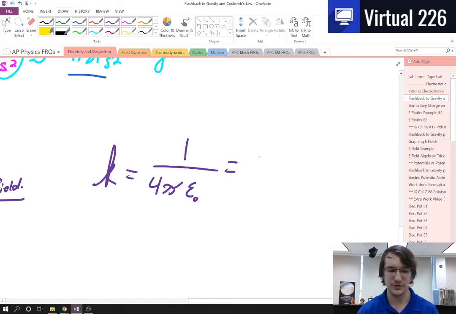And this equals approximately 9.0 times 10 to the 9th newton meters squared per coulomb squared.